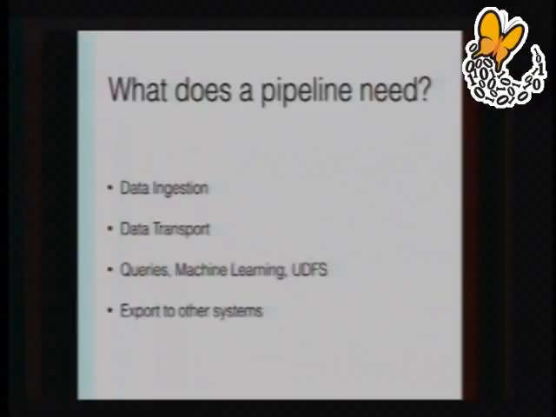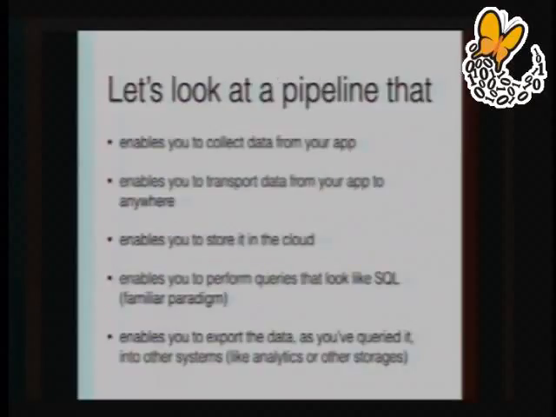So what does a big data pipeline, what does a data analytics pipeline actually need to have? It needs to be able to ingest data. It needs to be able to transport data. It needs to be able to run queries, do machine learning, and define and run user-defined functions as well. And it needs to be able to export to other systems. So we can look at a pipeline that enables you to collect data from your application, transport it, store it in the cloud, and do SQL-like queries on it.